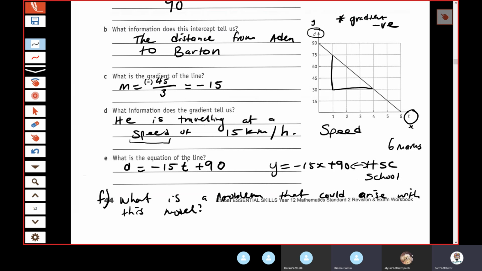There's a few ways to look at it. You could look at it from the graph. What's a problem? Or another word they use is the limiting factor.